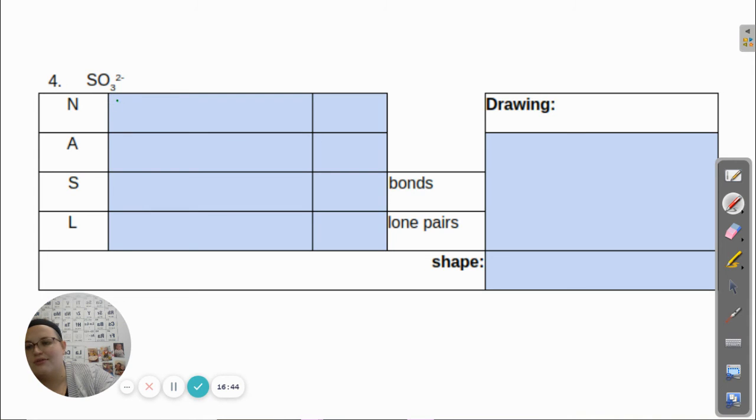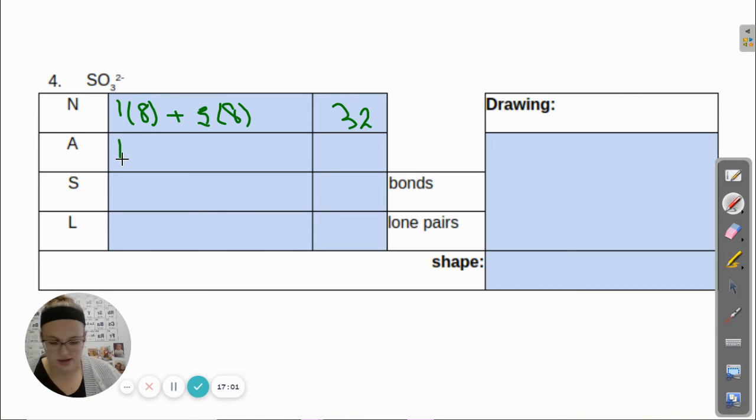So I have 1 S, and it needs 8. Plus my 3 O's that also need 8. I promise that's a 3. So 8 times 4 is 32. All right, I have 1 sulfur, and it has 6 valence electrons.